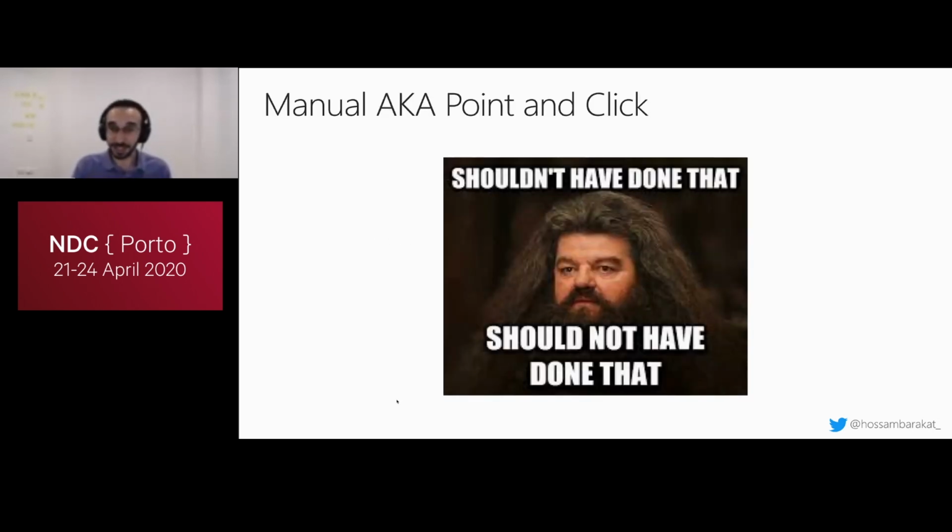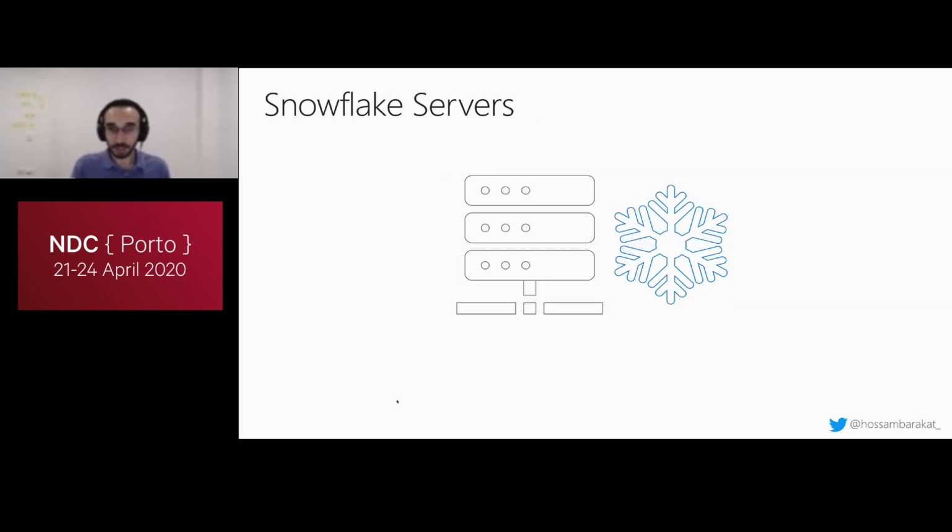But after a while, we realized actually we might not should have done that, because with the provisioning of resources manually, we usually end up with what's called snowflake servers, which are basically servers that are each represented with slightly different configurations.